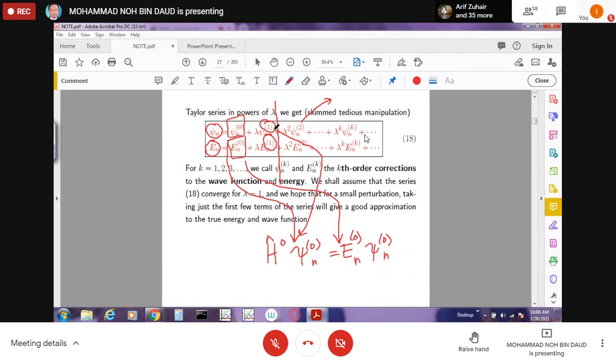And you can write this psi 1, the first order correction to this wave function, and first order correction to this energy, in terms of this one, this one. Psi 1 here, E1 here, in terms of psi 0.